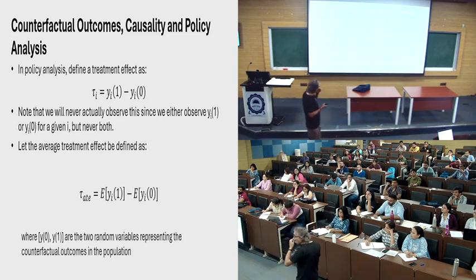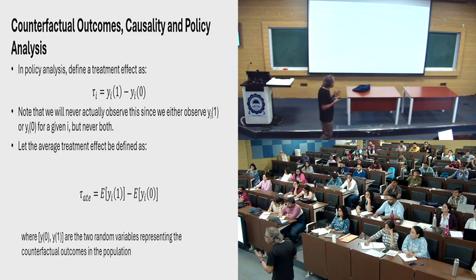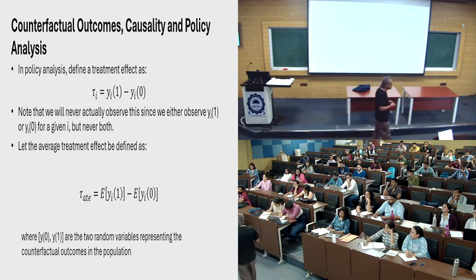Clear? So note that y0 and y1 are two random variables. They represent the counterfactual outcome in the population. Why is it counterfactual? As I explained, both cannot occur at the same point of time.